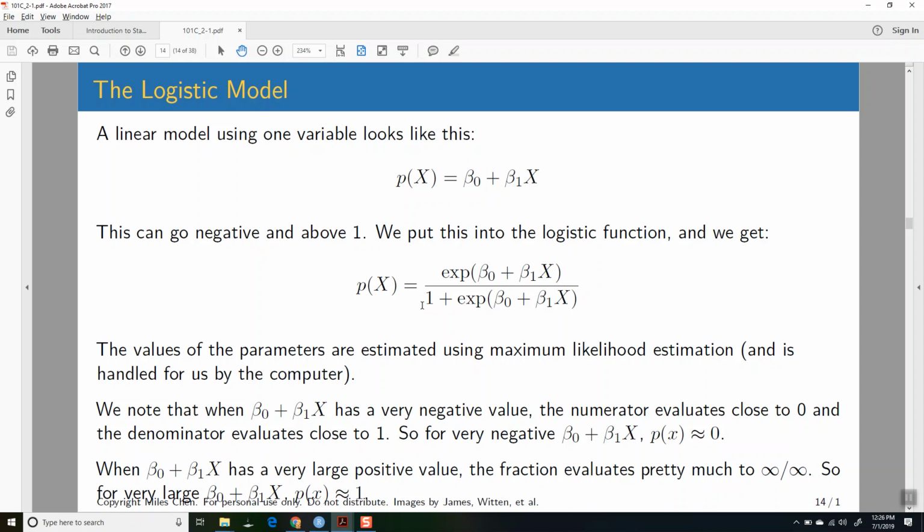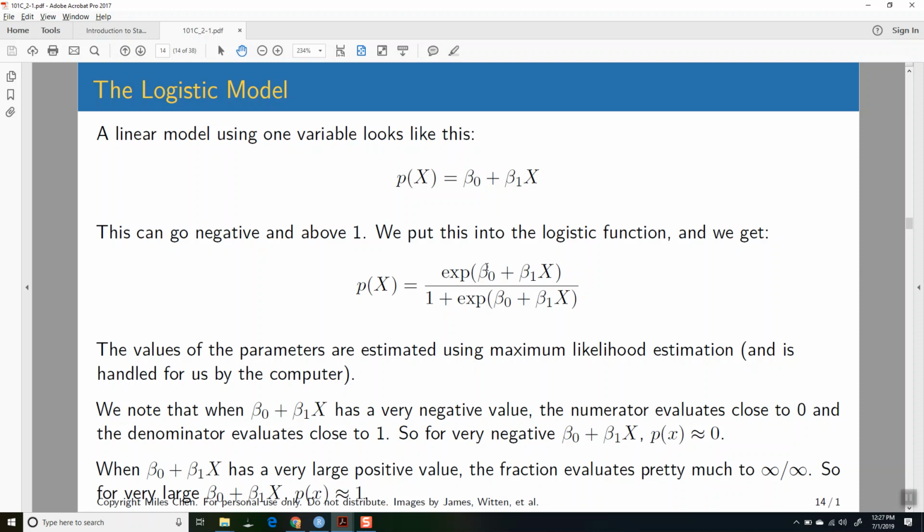And then if you have something very big, let's say this is positive 100, now you have e to the 100, that's a very huge number, and you divide this by 1 plus a very huge number, the same huge number, and you're going to get something very close to 1, like 0.999999999, right?